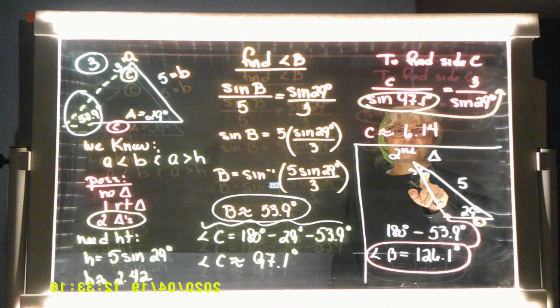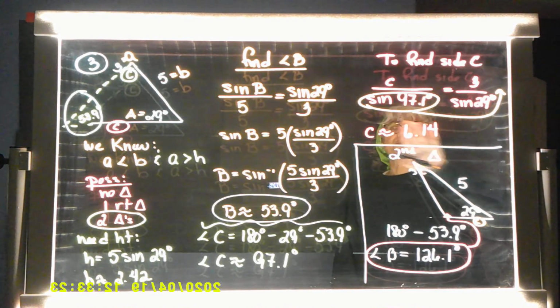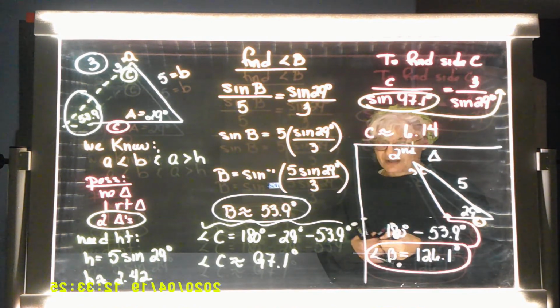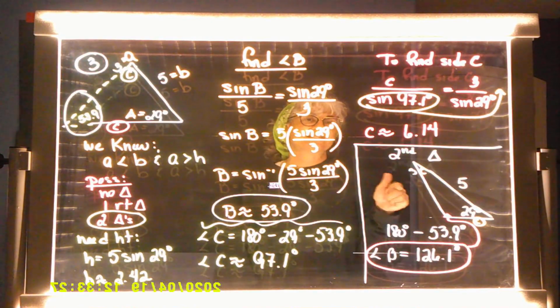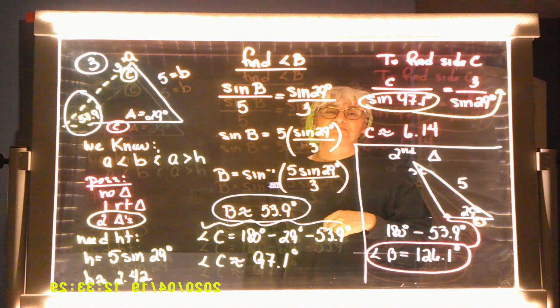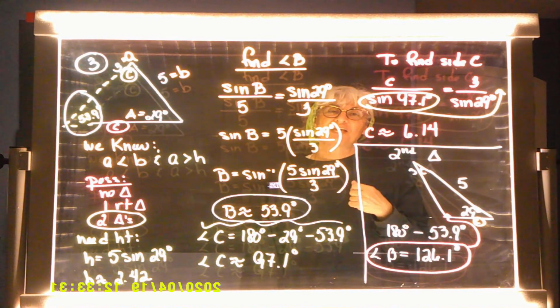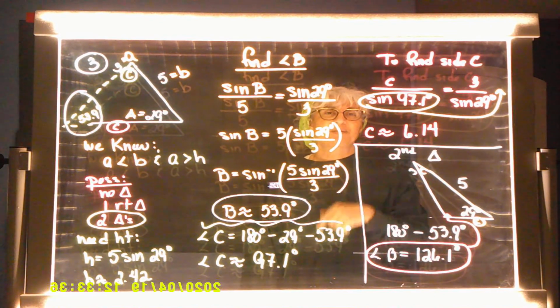I would find angle C by subtracting from 180, and then find side C by this similar process. Cool? Okay, so here is how you end up with 2 triangles. With me? You have fun with this, and stay tuned. I got some applications.